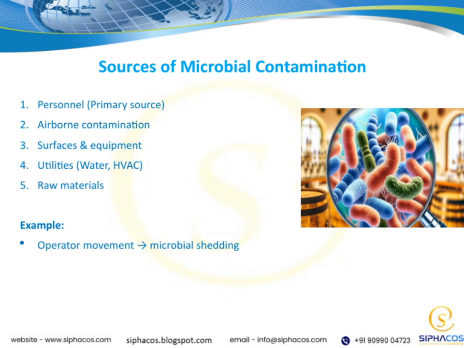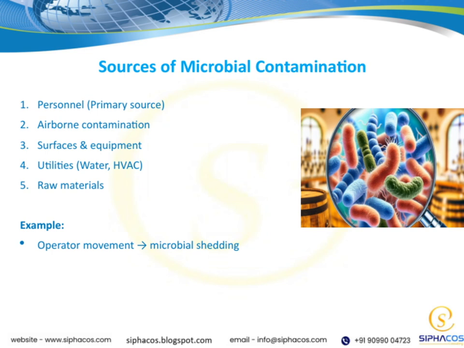Finally, raw materials themselves can introduce microbes. Ensuring that raw materials are properly tested and handled helps prevent contamination from the very start. All these sources highlight how contamination can come from multiple points, reinforcing the importance of comprehensive control measures across the entire process.